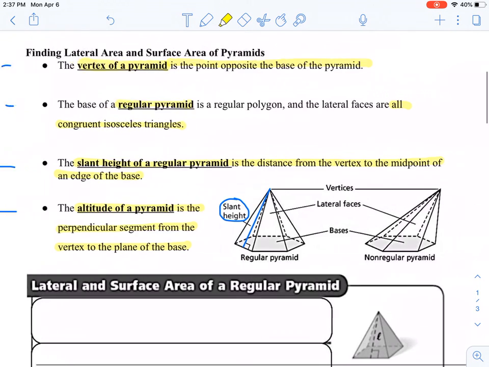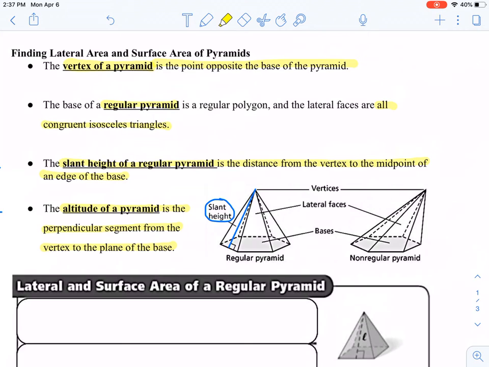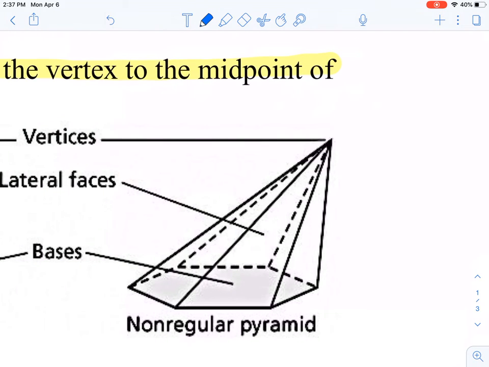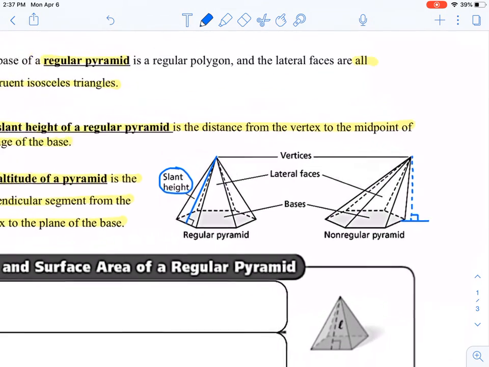In a non-regular pyramid, that altitude may fall completely outside of the pyramid altogether. So if I was drawing it on this, it would come down out here, and as long as it met this plane in a 90-degree angle, that would make it an altitude.